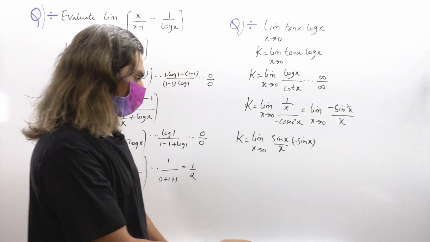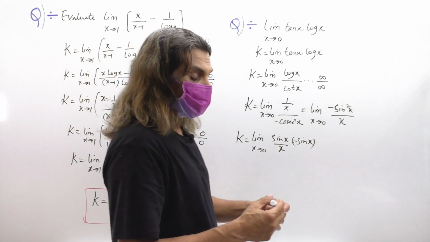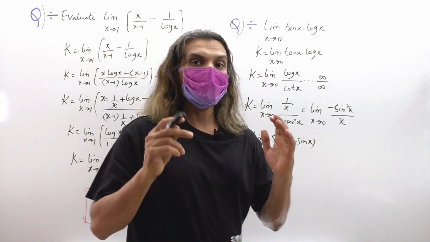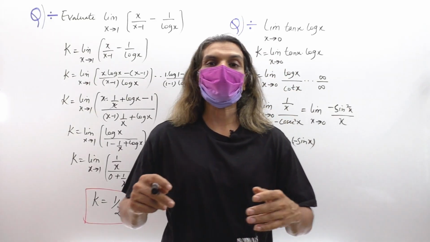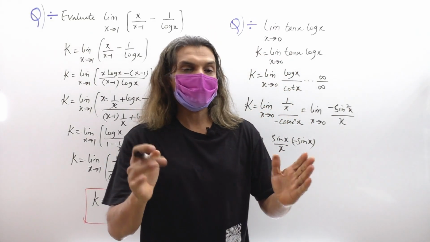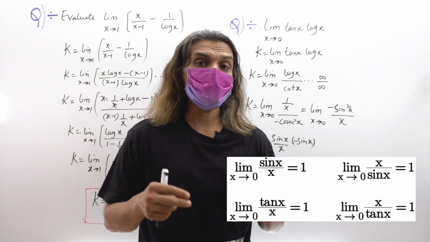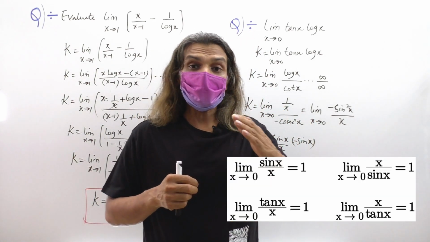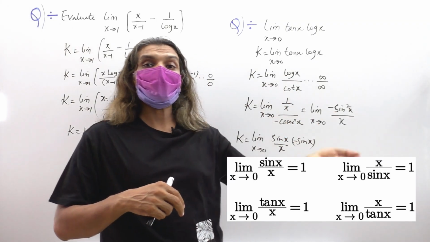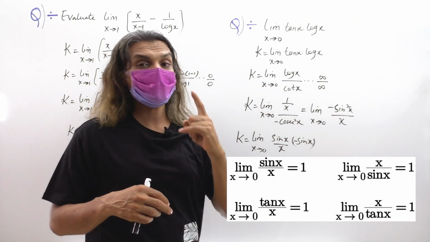Why I am writing this is because there is a very standard limit. These limits will be used to make the problems easier here. I hope you are aware of these very standard limits. One is limit of sin x by x as x tends to 0 is equal to 1. Also limit of x by sin x as x tends to 0 is 1. Also tan x by x as x tends to 0 is equal to 1.